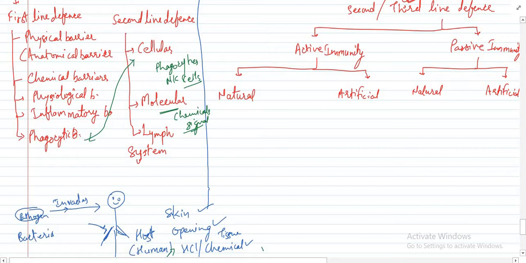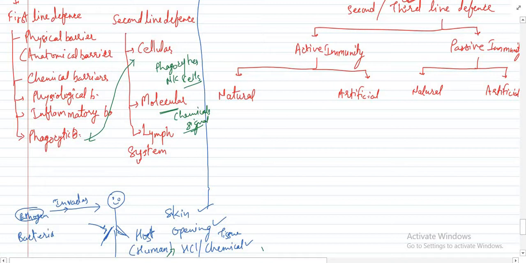Phagocytes come under both the first line and second line defense. In the first line defense, they are generally flowing in the blood. But whenever they encounter the pathogen, they leave the blood.